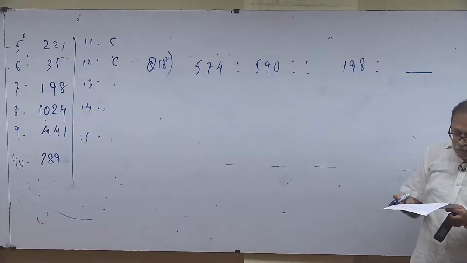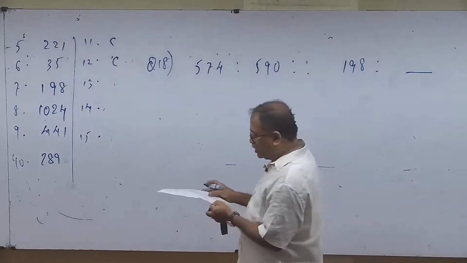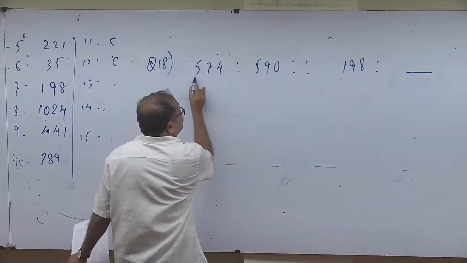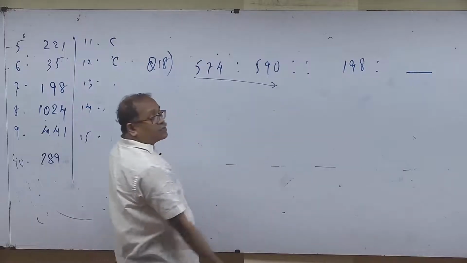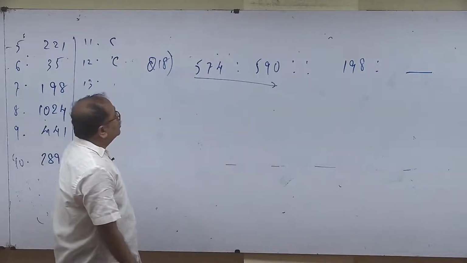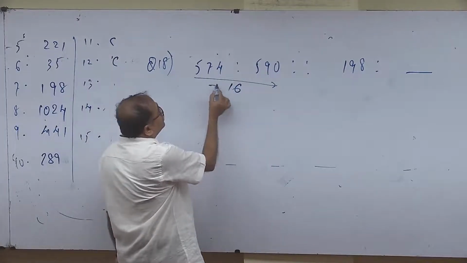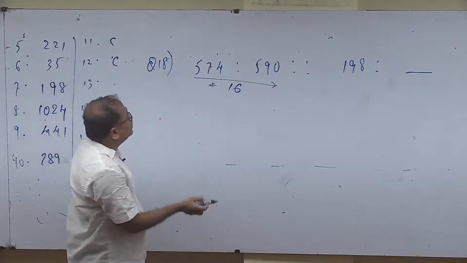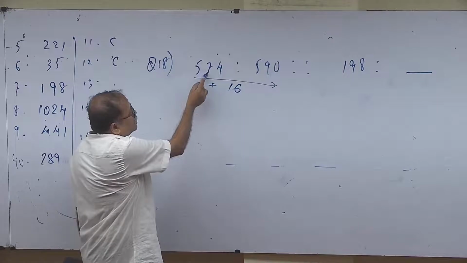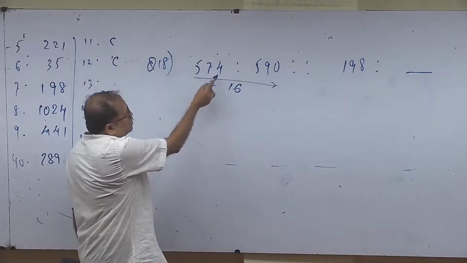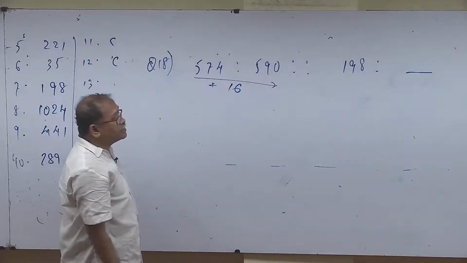So fine. The very first thing I will try to see is the difference, and the difference is 16, plus 16. Do we have any connectivity with this? 5 plus 7 is 12 and 12 plus 6 is 16.